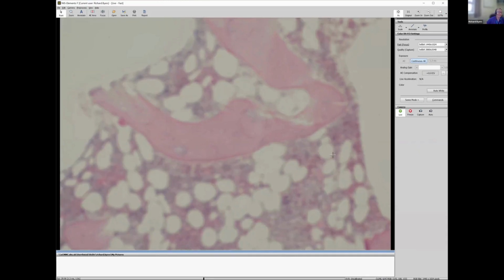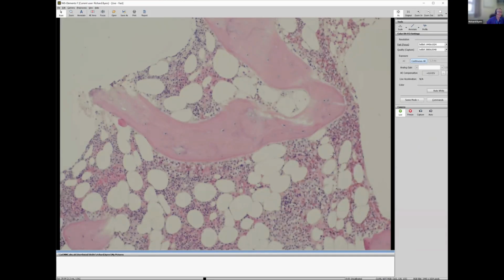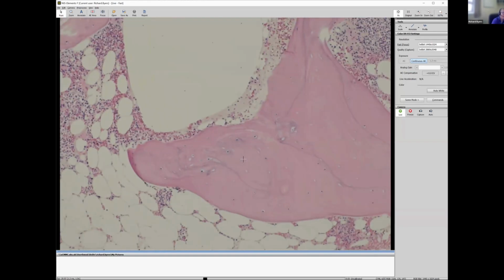In terms of the bone, one thing to mention about the bone is that we've got a small area of woven bone here. And also what we've got is, people don't often talk about them, but these lines, see these purple lines in the bone? So these lines can be quite instructive. This line here and this one here. These are cement reversal lines.